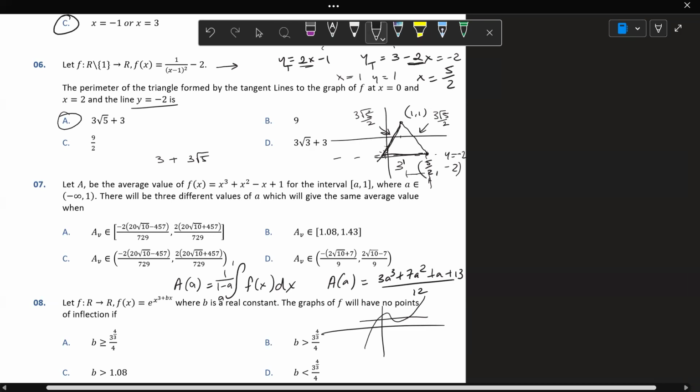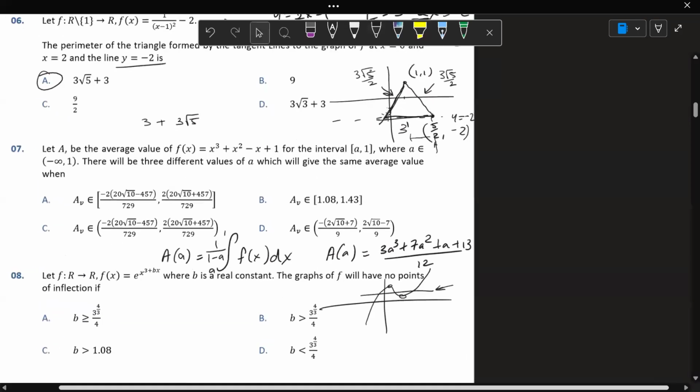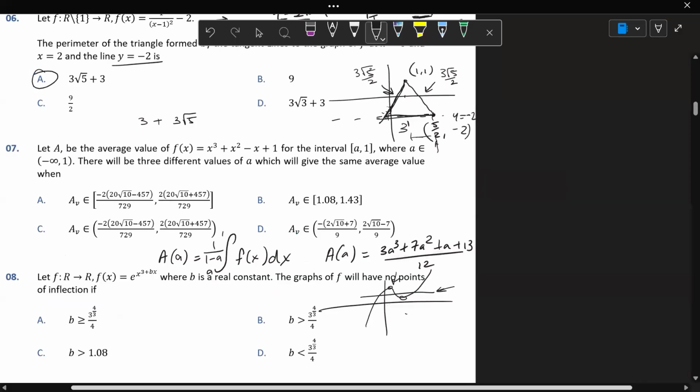So that happens like this. The highest point at which it can happen is here, not including, and the lowest point it can happen is here. So what you want to do is find the maximum and minimum. And the way to do that is you just differentiate this and find the local maximum and minimum.